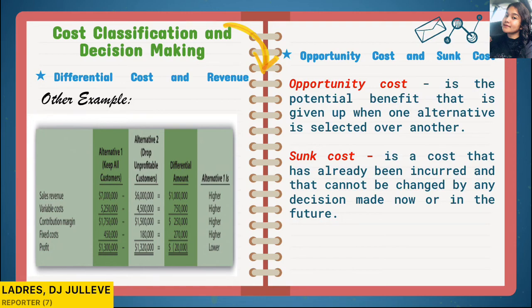So, to illustrate a sunk cost, assume that a company paid $50,000 several years ago for a special purpose machine. The machine was used to make a product that is now obsolete and is no longer being sold.